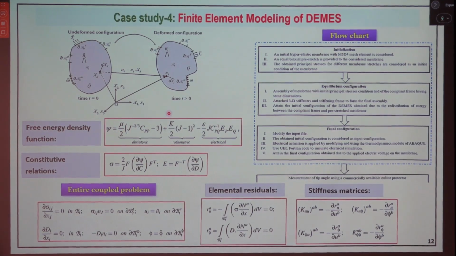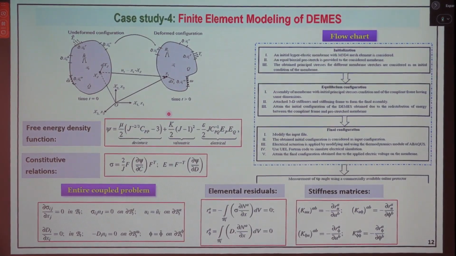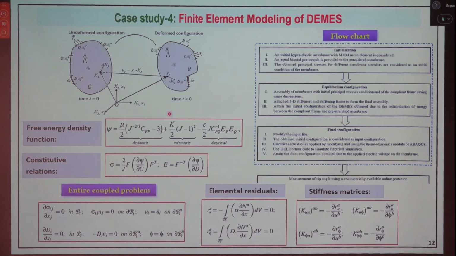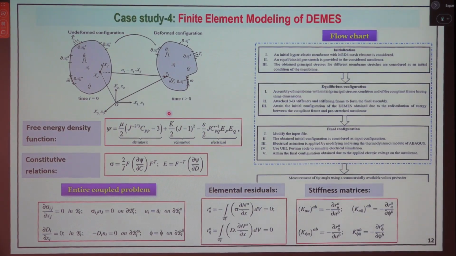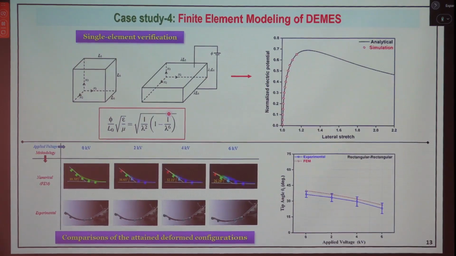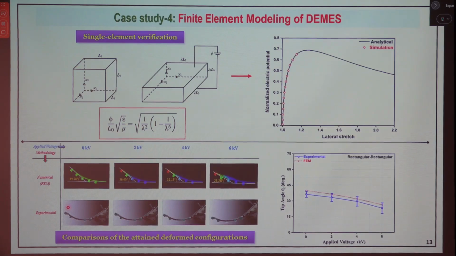In one of the papers published by our collaborator, Dr. Atul Kumar Sharma, he has considered the viscoelastic effect. In the future, we are planning to incorporate the viscoelastic effect also, because this dielectric membrane shows significant viscoelastic effect, which we have not considered.